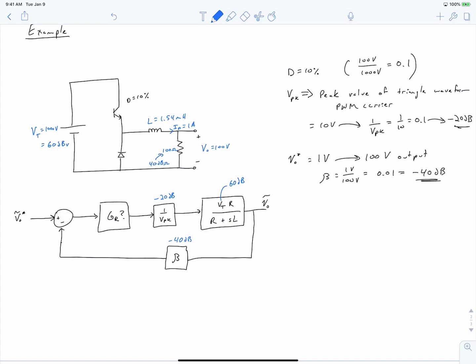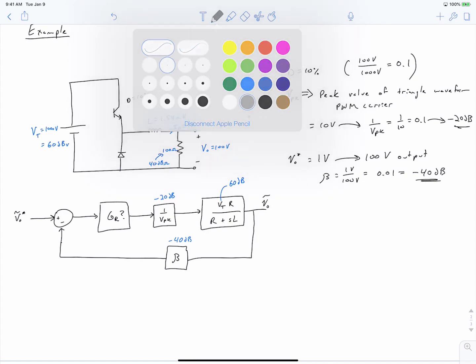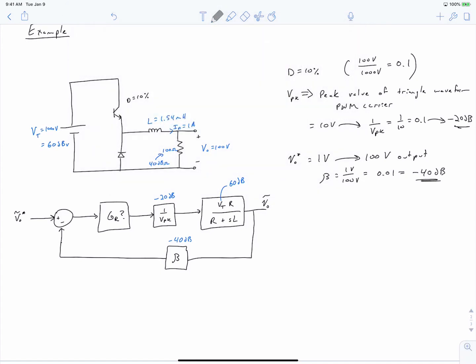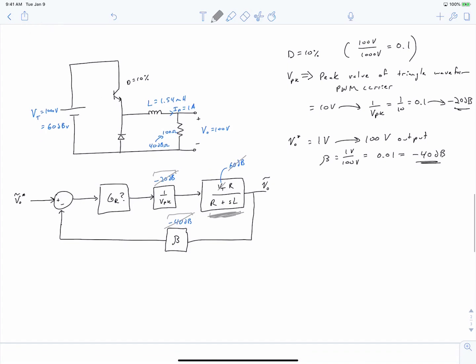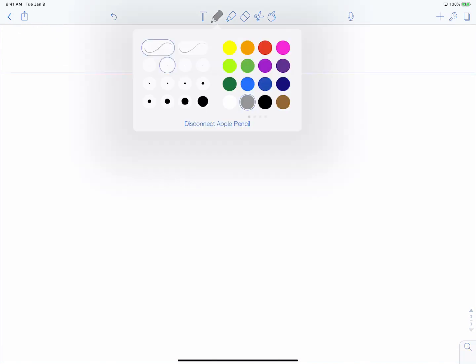And so we can observe from this that in fact negative 20 decibels here and negative 40 decibels here will cancel out our 60 decibel gain in the transfer function for our converter. So we can start by plotting the transfer function for the converter by neglecting the Vt term. And let's go ahead and start plotting that transfer function as a Bode plot.